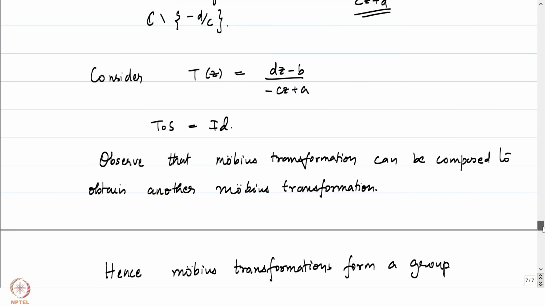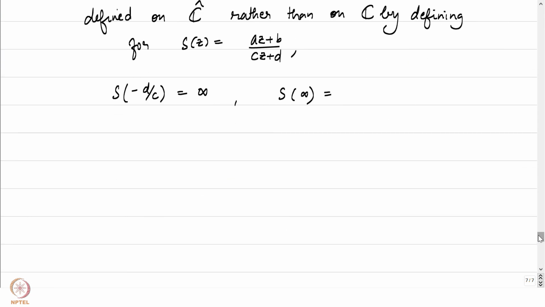So the point here would be A by C. S infinity is going to be defined to be A by C. Then it's a good exercise for you to sit down and check S is a bijection. We have already done all the hard work. I have in fact given you an explicit inverse on C hat. So it's a map from C hat to C hat, which is a bijection.